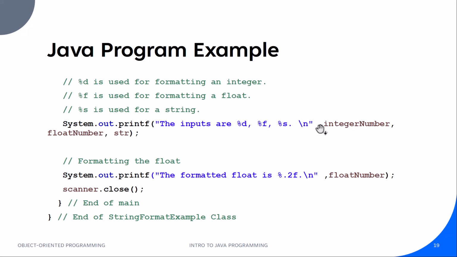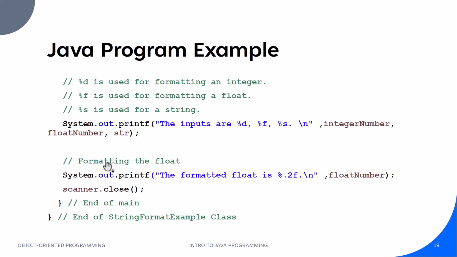Then rather than using plus signs, I'm using commas here, and the compiler will match each of these variables by using these percentages. So %d will be associated with the integer number, %f with the float number variable, and %s with the string.